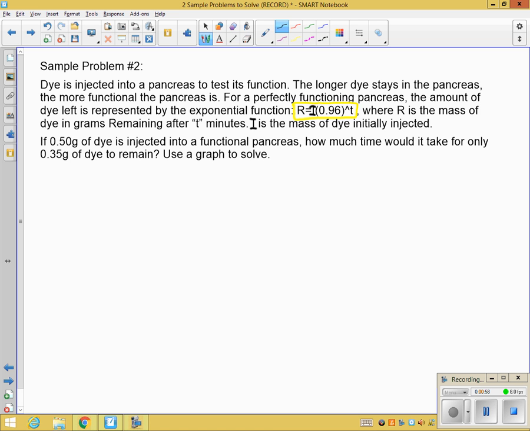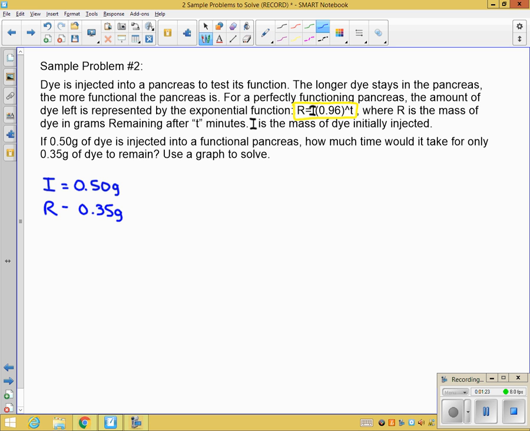Okay. What else we got here? If 0.50 grams of dye is injected, so the initial amount is 0.50 grams, into the functioning pancreas, how much time would it take for 0.35 grams of dye to remain?